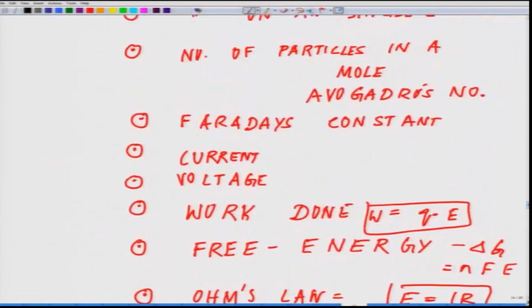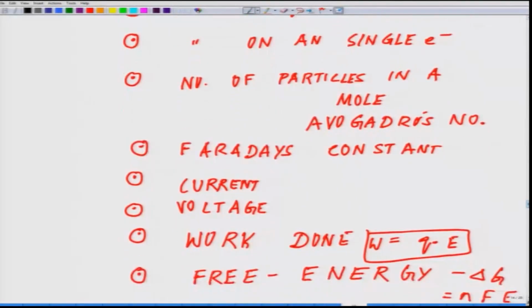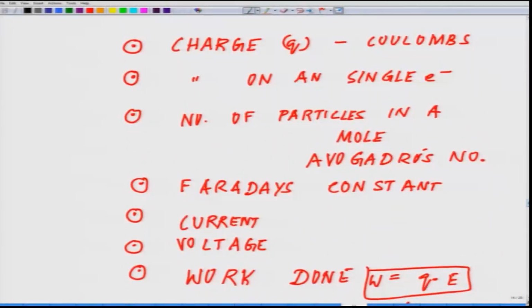Now, these fundamental ideas I want you to regurgitate: what is a charge, why a charge should move from one point to another, say point A to point B, because they will only move when there is a potential difference, an electric potential difference, for a charged particle to move.